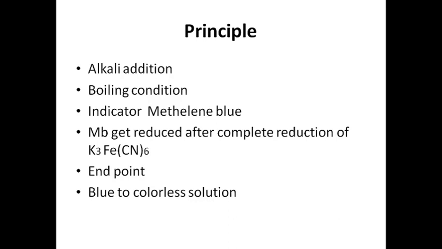Both methylene blue and ferricyanide are reduced by sugars in hot alkaline condition. But the indicator methylene blue is not affected until the whole of the ferricyanide has been reduced to ferrocyanide. The endpoint is reached when the solution turns from blue to colorless.